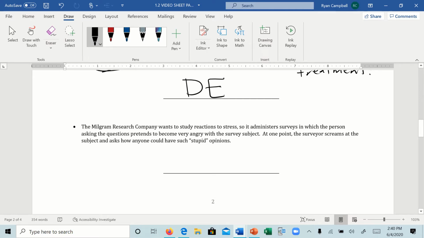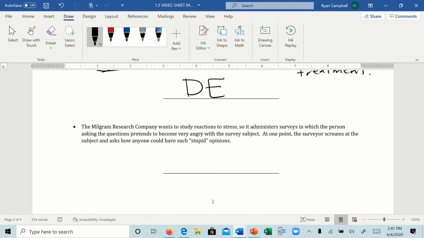Remember, if it's a designed experiment, it has to have a treatment. So if you're thinking maybe it's a designed experiment, what treatment would it be? If it's an observational study, then you have to ask yourself, is it true that the people are not modifying the subjects?